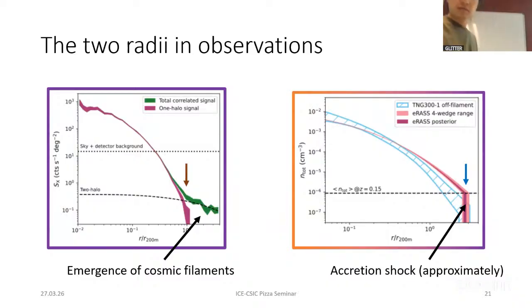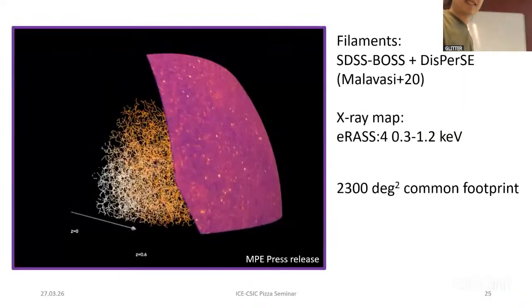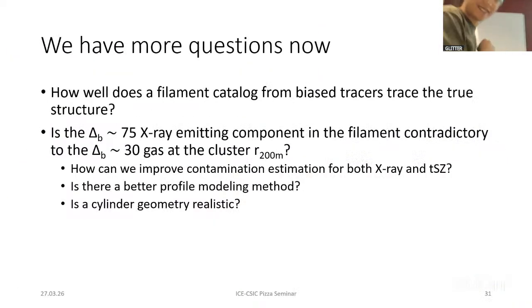So more deeper observations, more data, right? Yeah. So for the structure, the filament catalog, DESI will help us a lot. The tracer density from DESI is much higher than SDSS. So if we apply the same method to DESI, then for sure we'll get a better catalog of filaments.